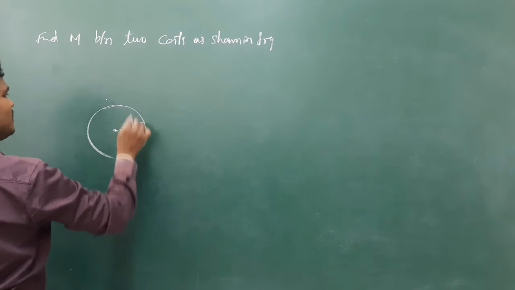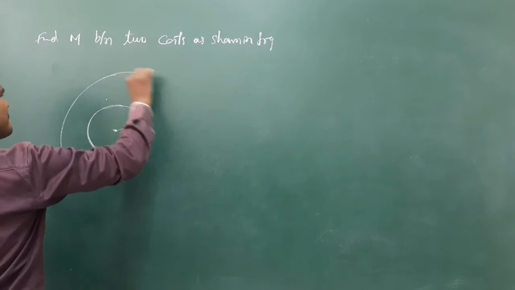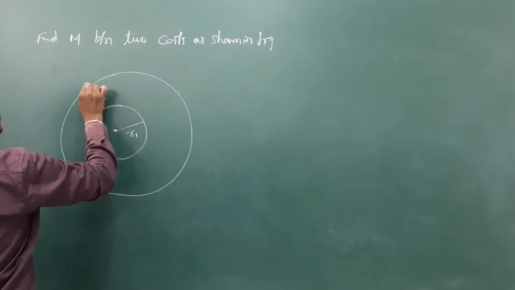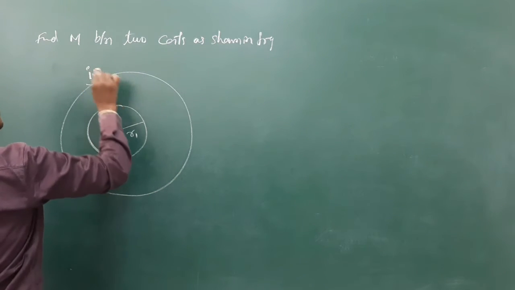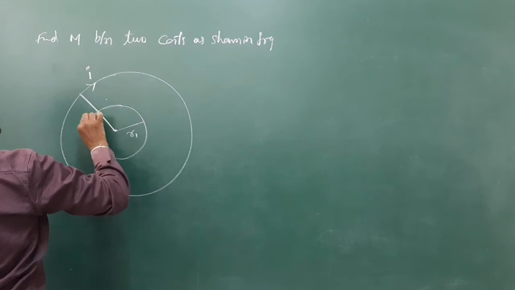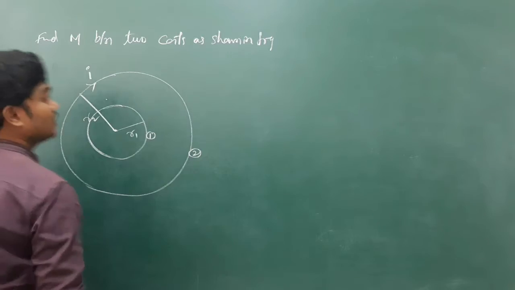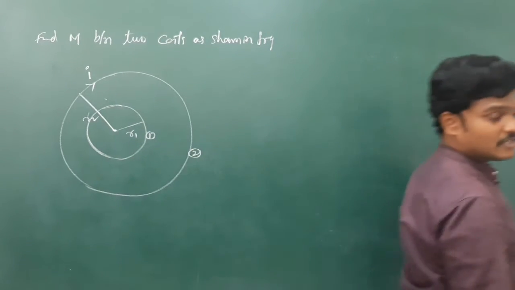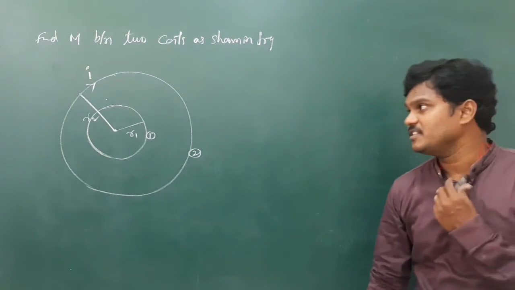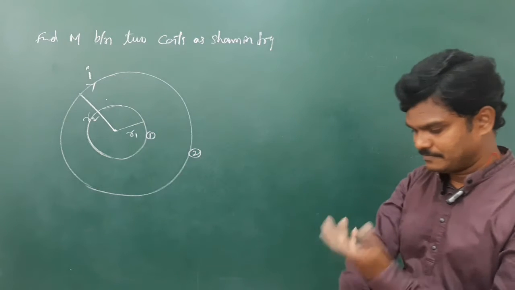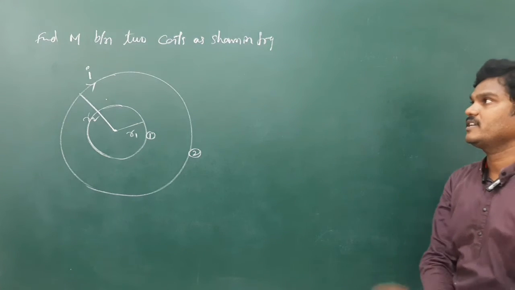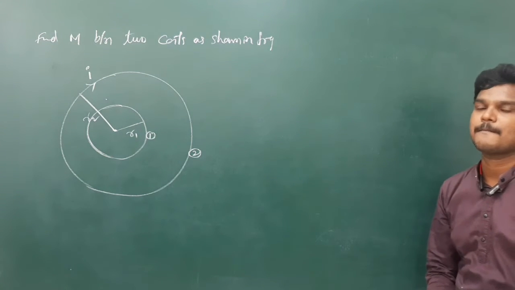This radius is R1, the radius here is R2. This is first coil, this is second coil. Do it fast. Target is to find out mutual inductance between these two coils.